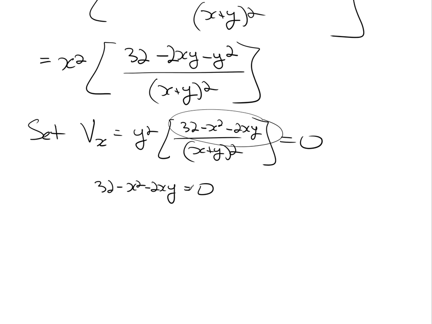And then that suggests, I think I'm going to solve this for y and substitute that into the partial with respect to y. So that would then suggest that y is going to be equal to negative 32 plus x squared divided by a negative 2x, which I think I'll go ahead and write as simply 32 minus x squared over 2x by factoring out the negative and canceling it.